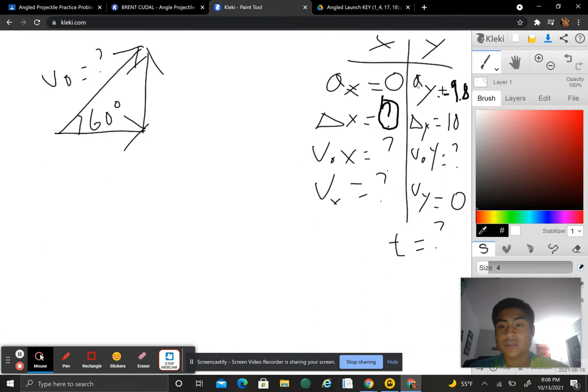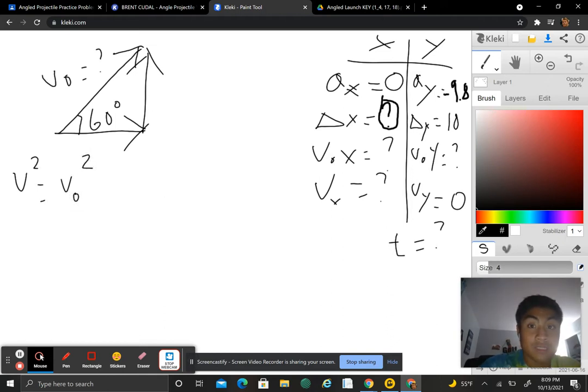Now, since currently we have 3 variables thus far, we are able to find initial v for y. We can find it by utilizing the third equation in our list of equations, the ones he always puts on the board. The one we would use here is v squared equals v naught squared.